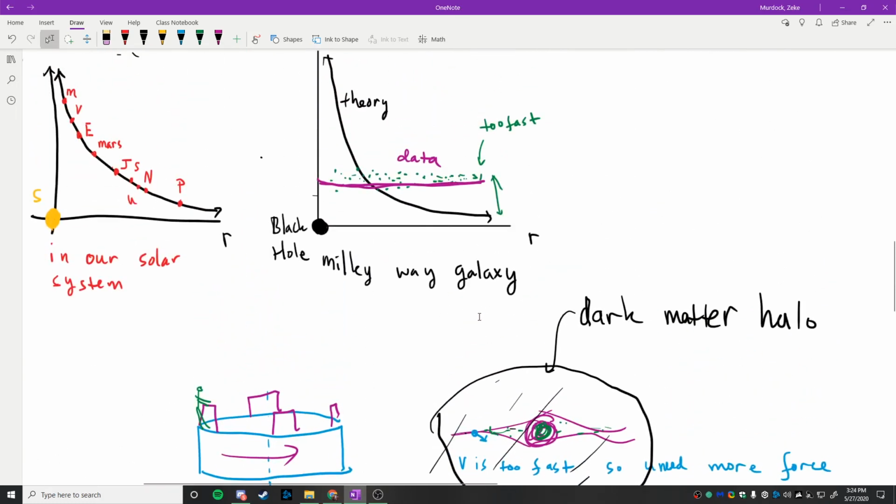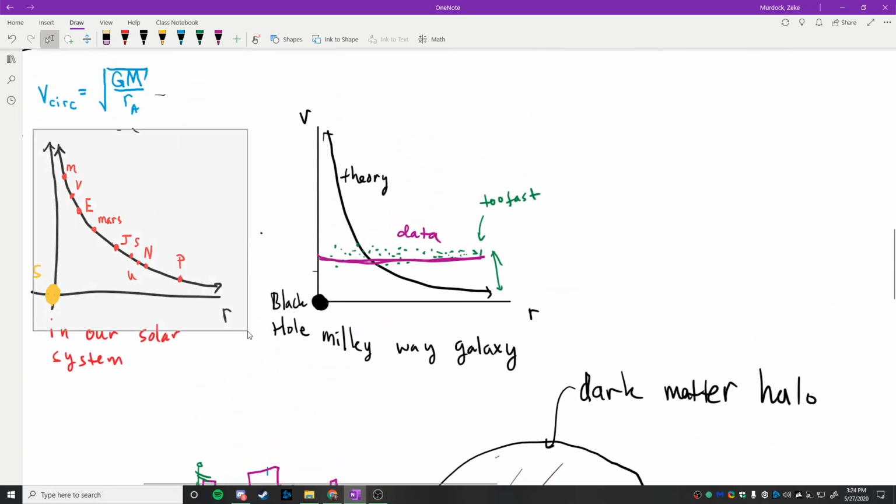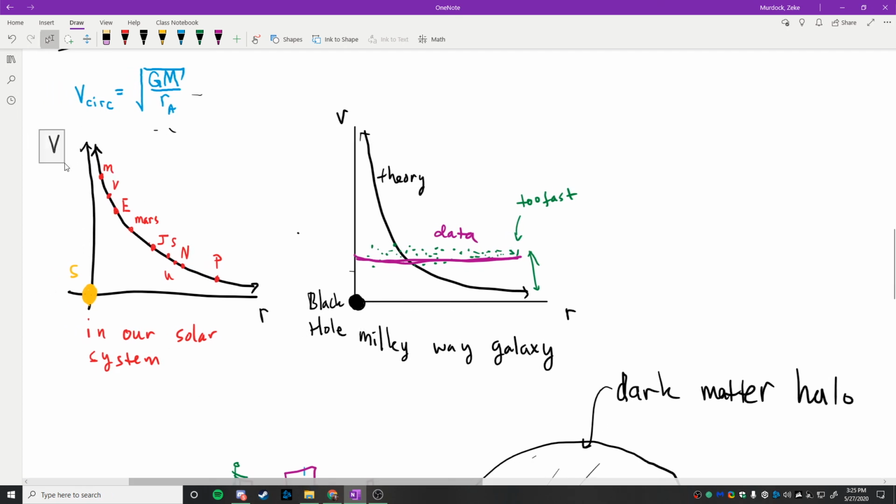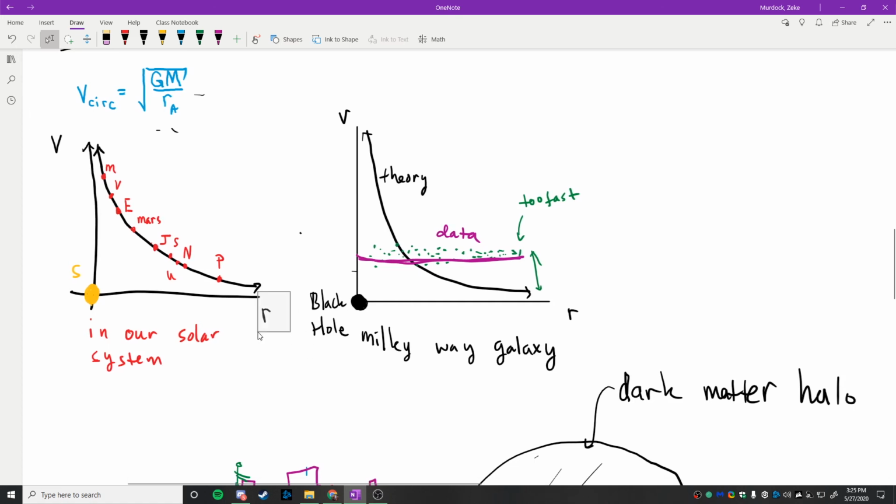It goes back to Kepler. Kepler would have seen this and said, yep, works out. He didn't see this relationship, but he knew that there was a relationship between distance and period, right? Or in this case, this is velocity. You can't see it over here, but that velocity is related to period. Kepler's law, right?